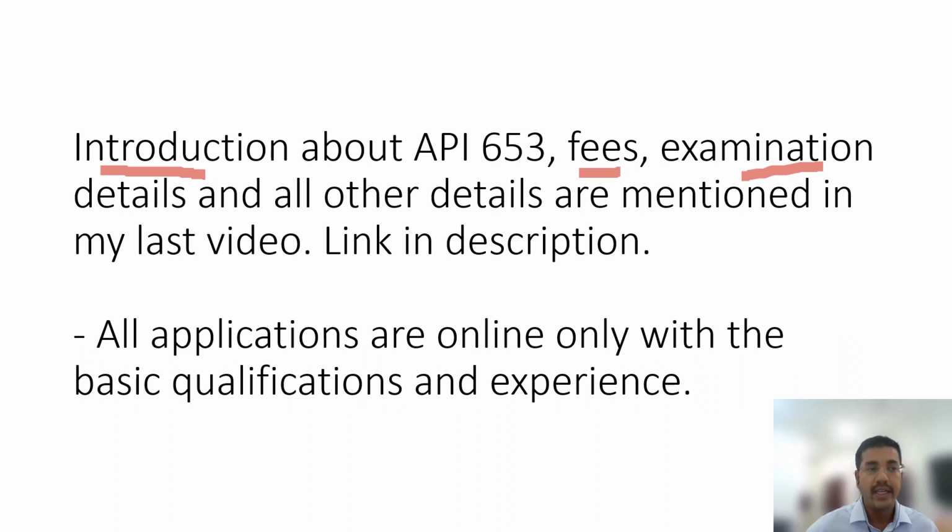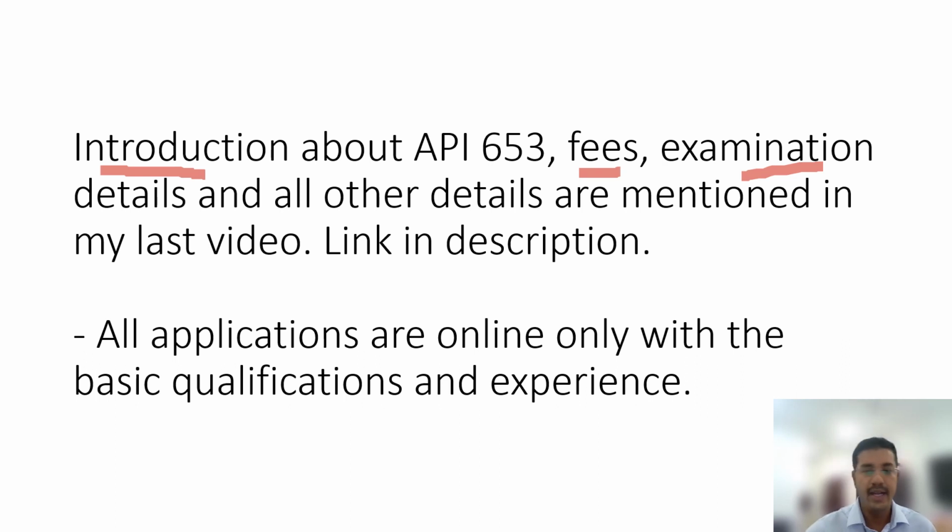But here also I will briefly explain how you can go for a Prometric exam for API 653 or any API exam, how the Prometric exam works, and then we will switch over to API 653. As I told you earlier, API exams are done through online applications only. There are no hard copy applications you have to send to them for approval.